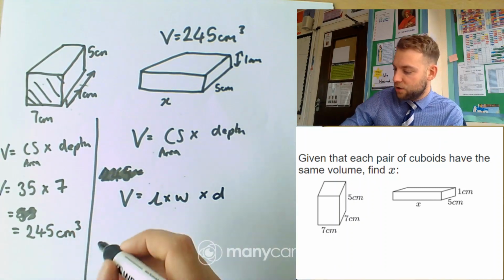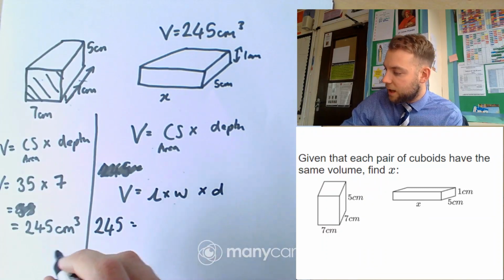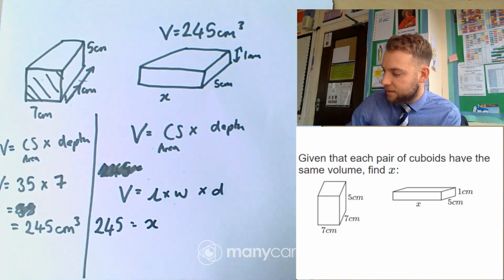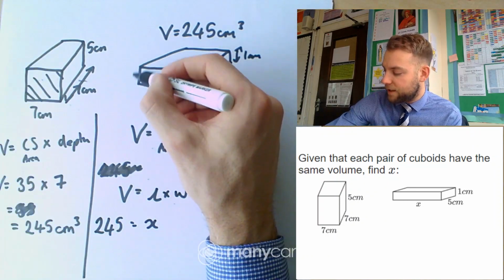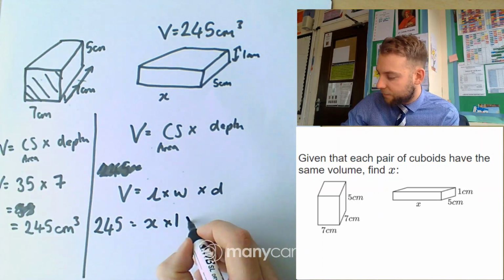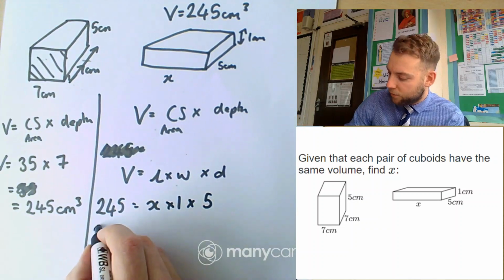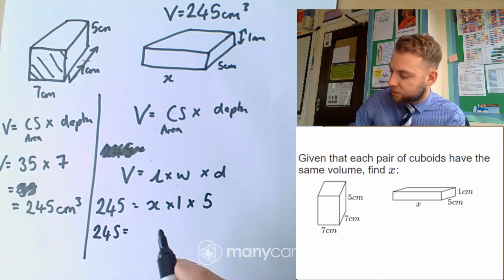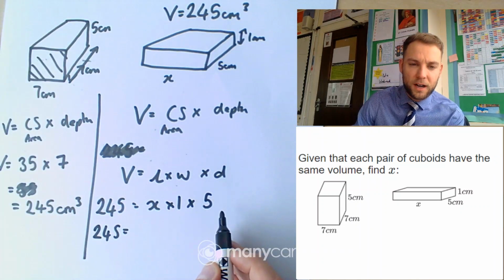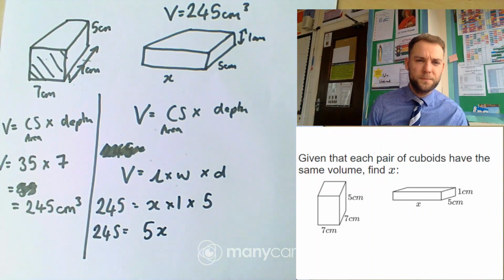Now I should substitute everything in. So 245 is equal to length, which is x, times by width, which in this case is the height of this, which is times by 1, times by the depth, which in this case is 5. So I end up with 245 is equal to x times 1 times 5. 1 times 5 is 5, times by x is 5x.